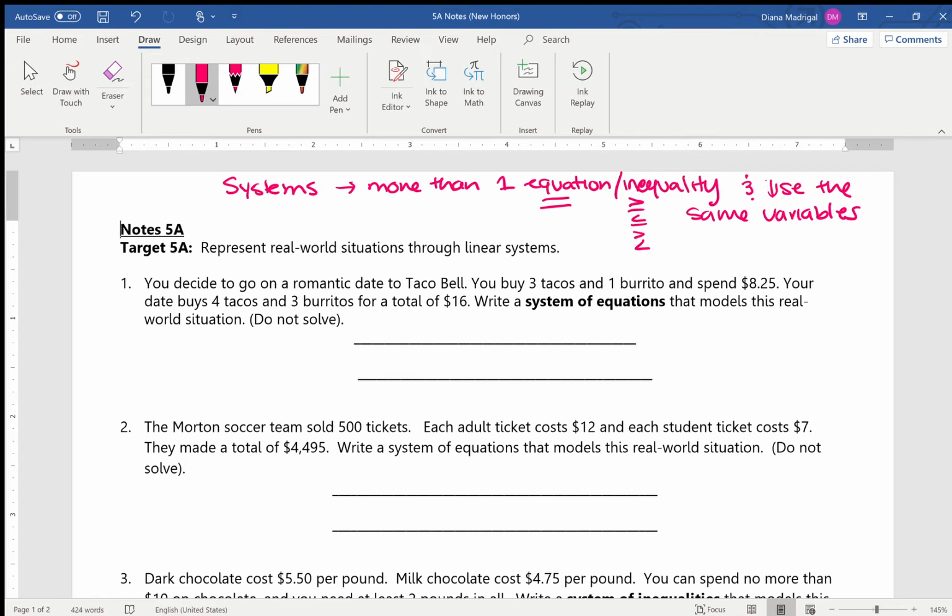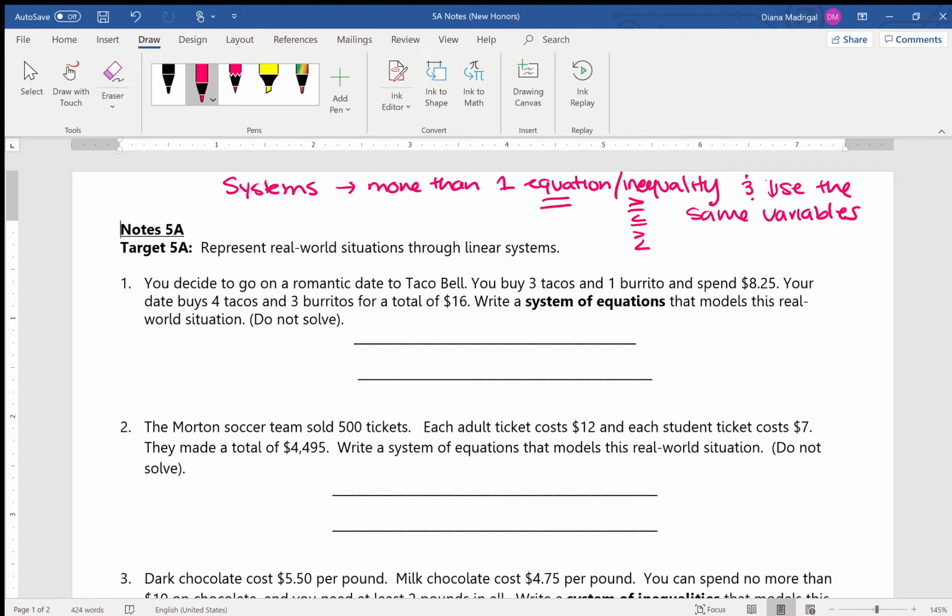We did this before when we read the problem and had to write an equation or an inequality. But the difference is that we only wrote it one time and only needed it one time. This time around, we're going to have to write two of them, but again, we're using the same variables, and we start comparing how it looks.